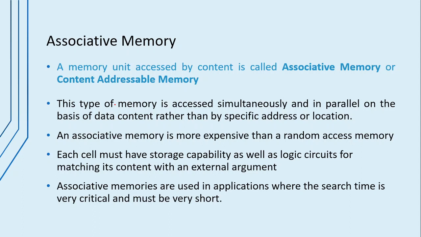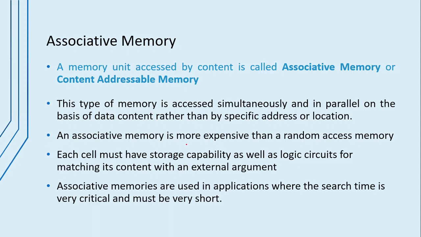So in this kind of memory organization, the memory is accessed by its content. Associative memory is a special type of computer memory used in certain very high speed searching applications.